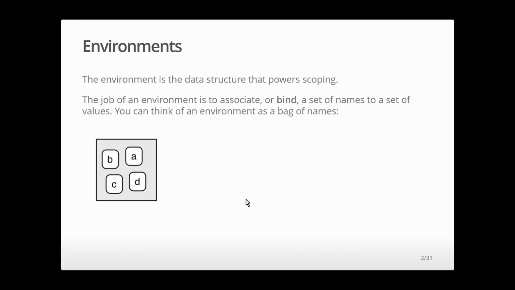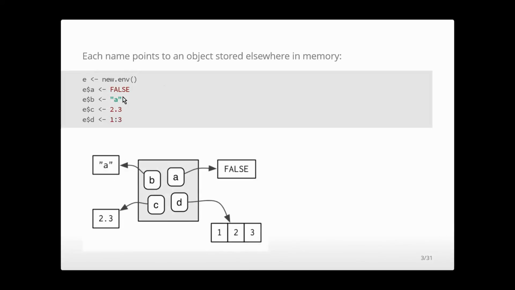An environment binds a set of names to values, so you can think of an environment as a bag of names. Here I've got the names A, B, C, and D, and we want to bind those to values. We can create a new environment using the command new.environment.